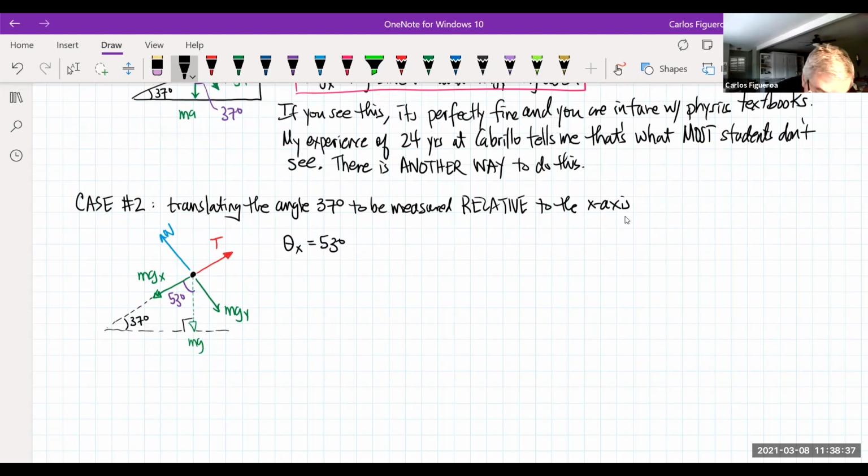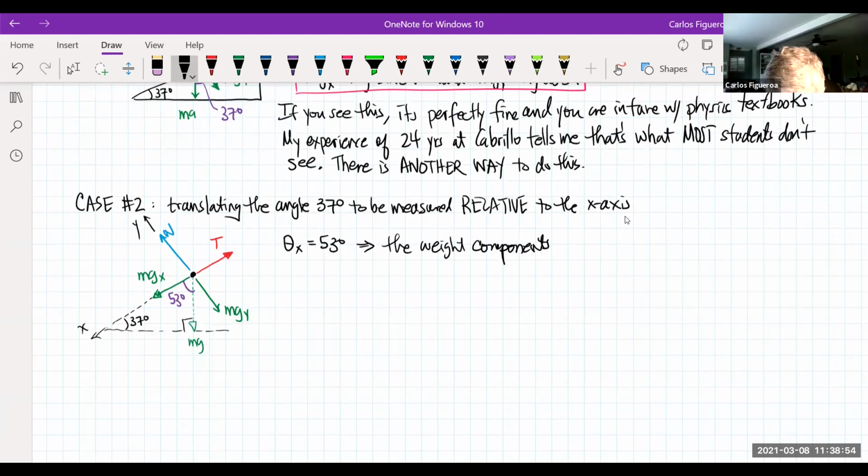If it's along the x-axis, as we're showing right here, then the weight component reads along the x-axis.